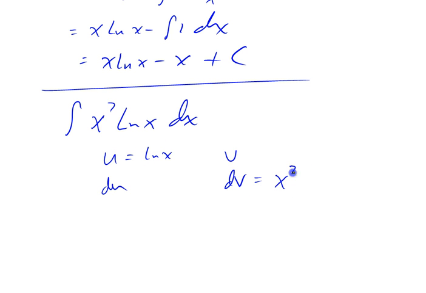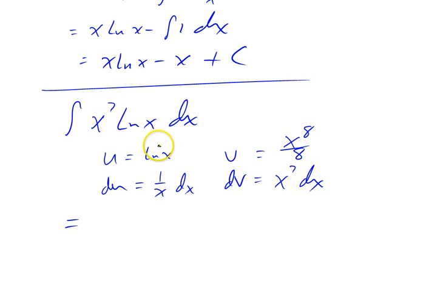So that means the x to the 7th goes down here in the dv, and it's like, oh, that's going to get more complicated. But it turns out that it gets more complicated in a way that's compensated by this, because the derivative of the natural log of x is 1 over x, so the differential is 1 over x dx. And if you integrate this thing, you get x to the 8th over 8.